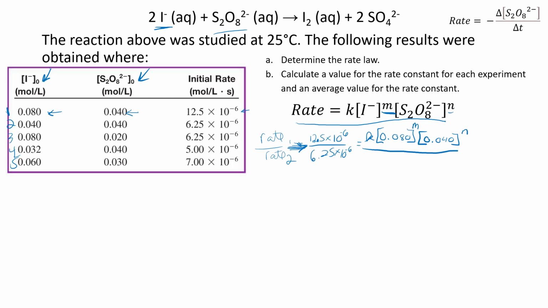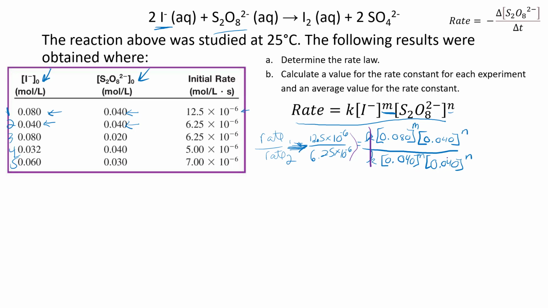Now I do the same for my number 2. So I'm going to use this value and this value. So 0.40 raised to the m, still don't know what that is, 0.040 raised to the n. All right, so this is where it gets fun. This can be put into our calculator, not a problem. The k's here are supposed to be the same k, so they cancel out.